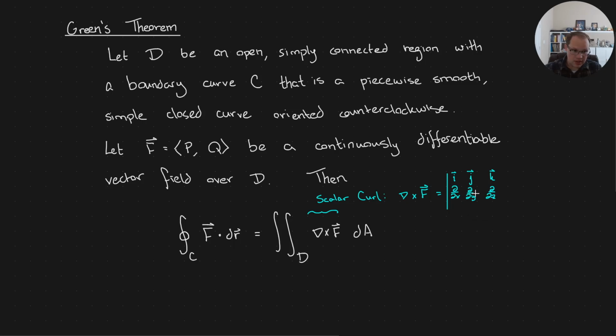That gradient operator is partial x, partial y, partial z. And the vector field itself is P, Q, and then when we embed it in the third dimension, we get 0 for that third component. If you actually take the curl here, you get 0, 0, and then the partial derivative of Q with respect to x minus the partial derivative of P with respect to y. Because the first two components will always be 0, when we take the curl of a two-dimensional vector field, we identify it with just the third component. So this is our scalar curl, just that third component.